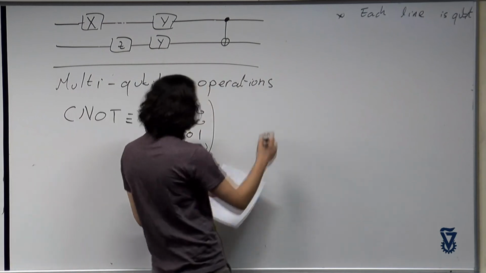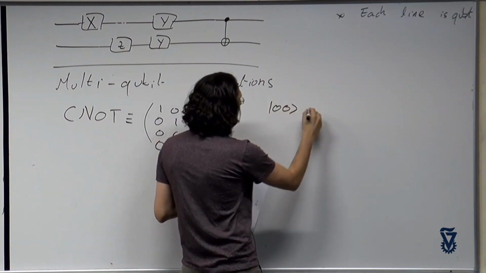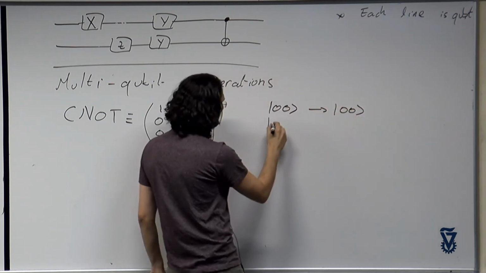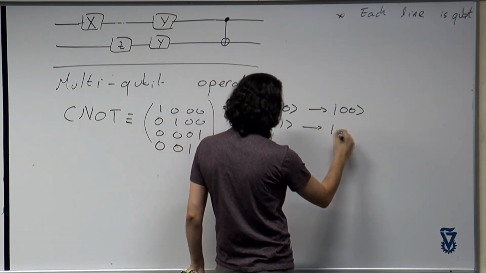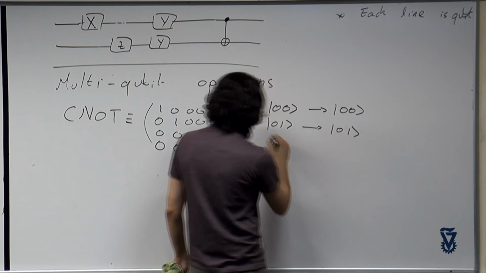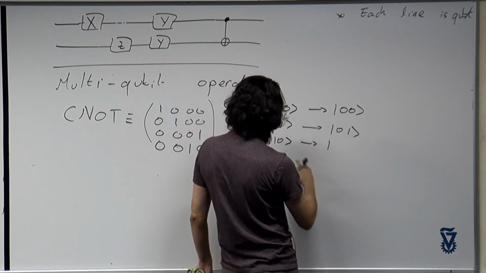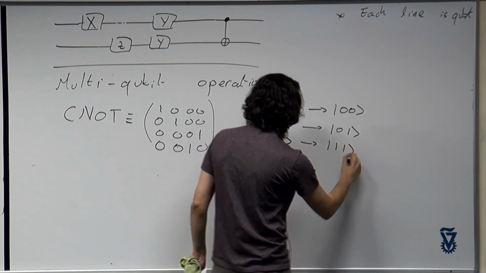What it does is it maps the state 0,0 to 0,0. It will map the state 0,1 also into 0,1. It will map the state 1,0 into 1,1.